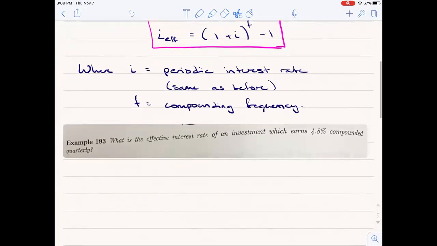So example 193 says, what is the effective interest rate of an investment which earns 4.8% compounded quarterly? And so essentially the effective interest rate, remember, is asking, if we're compounding quarterly, 4.8% quarterly, what would the same rate be but compounded annually? We needed to arrive at the same future value.